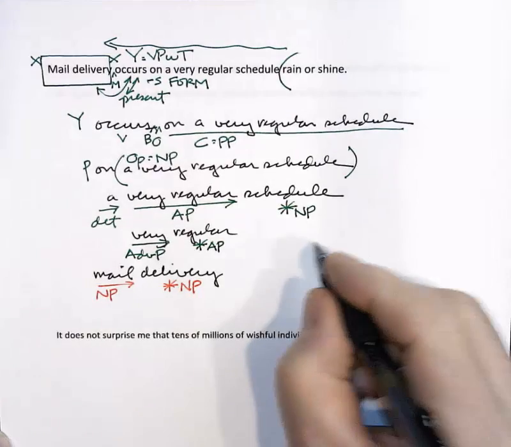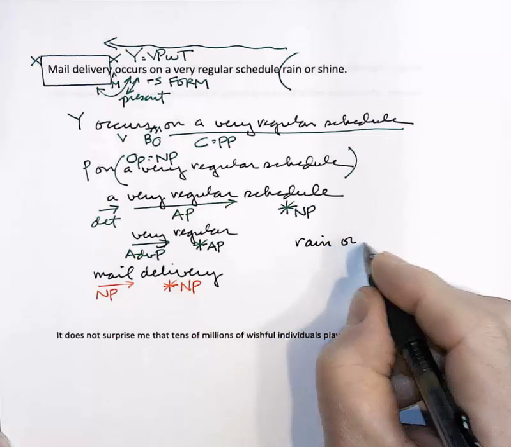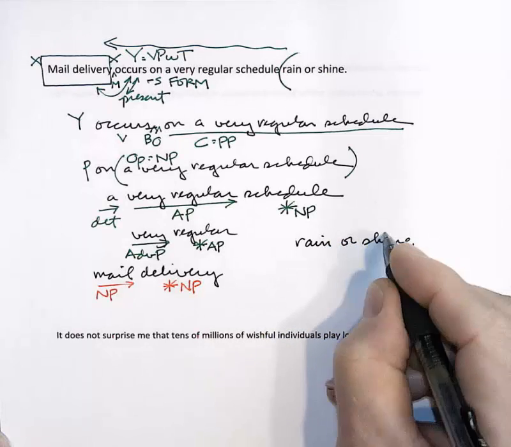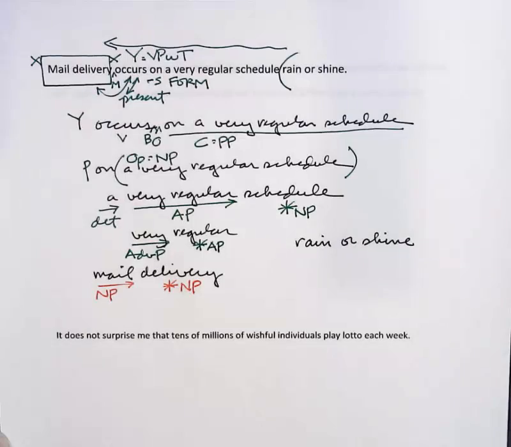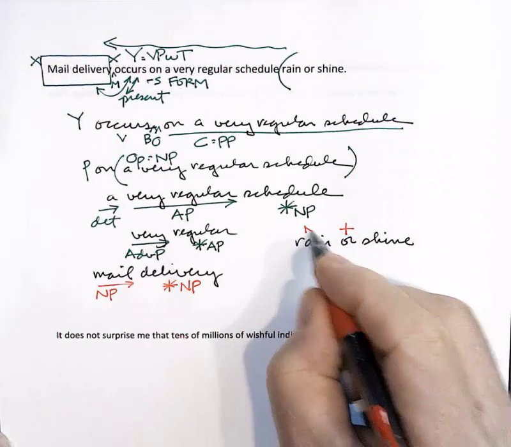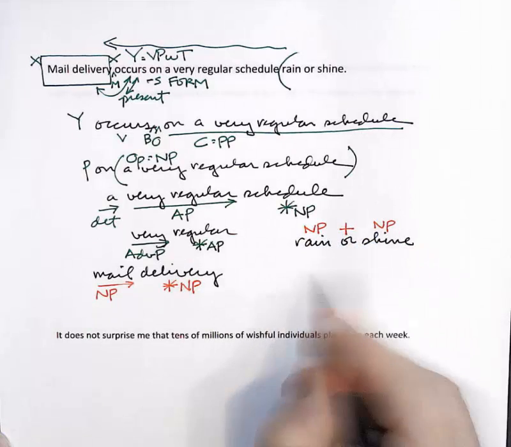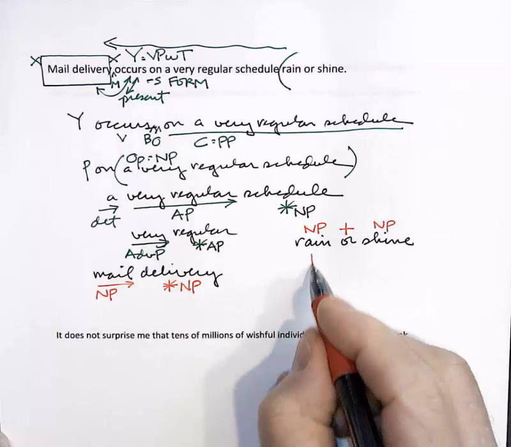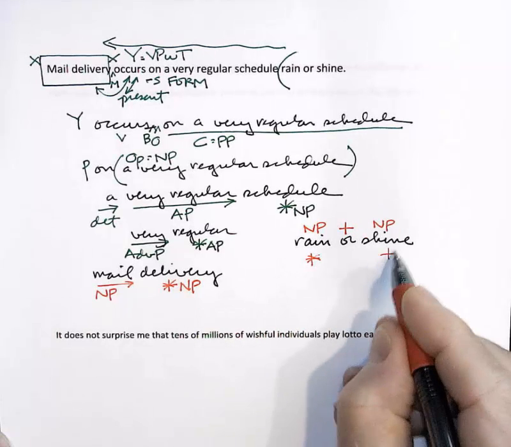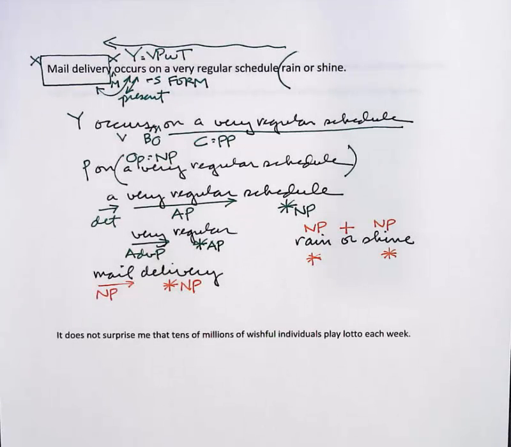The last thing we need to do is the shifter, rain or shine. And rain or shine looks like compound noun phrases. And these are already individual words, so we're done. Please stop the video and let's continue.